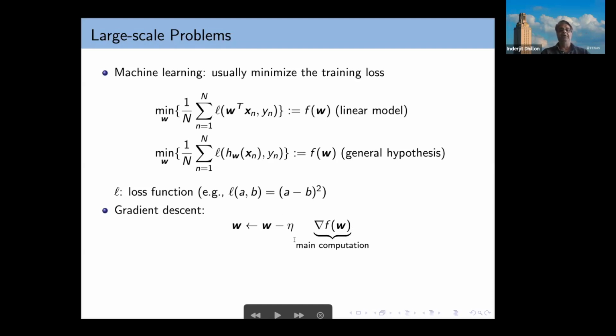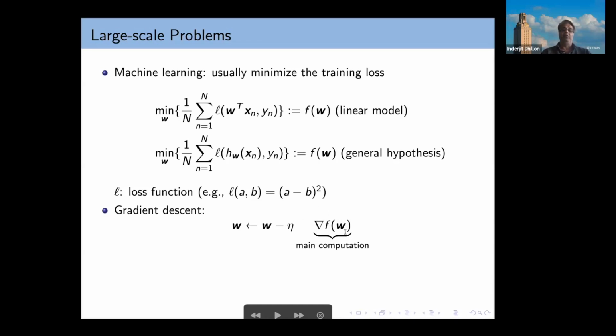And then there is a step size. This subtraction, taking a multiple of this and updating the W vector, is not that computationally expensive, but the biggest computation is in computing the gradient.